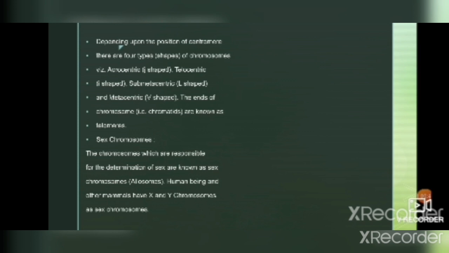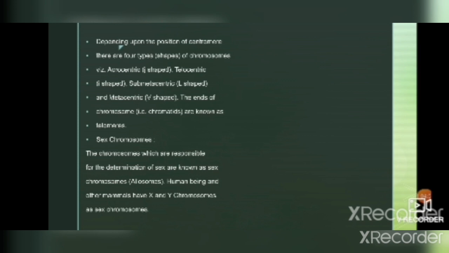These are the four types of chromosomes depending upon the position of the centromere. The ends of chromosomes are known as telomeres. This is the telomere.